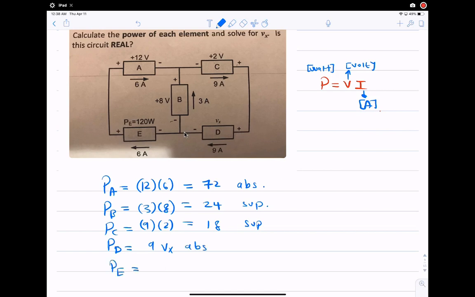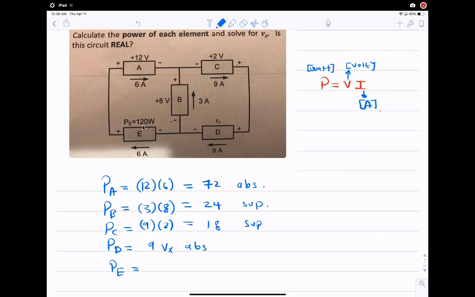Finally, power at E. Here, pay attention. This is a trick. You might make a mistake here. Now, if I'm not paying attention to units, here it's V, voltage, A, ampere. So I know that V, volt, times A, or I, ampere, equals P, power, which is watt. But here he already gave me the power in watt.